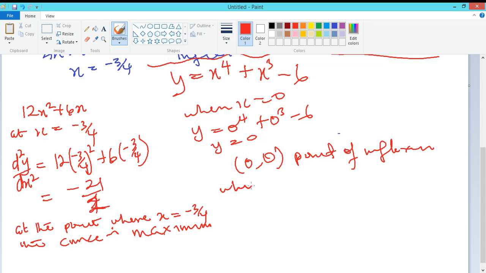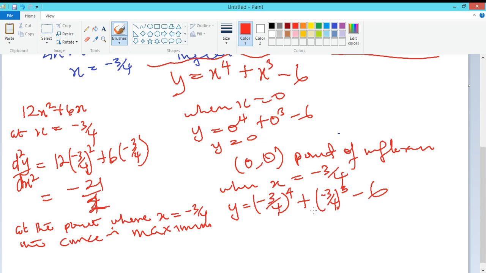Then when x is equal to minus 3 over 4, our y is equal to minus 3 over 4, raised to the power 4, plus minus 3 over 4 cubed, minus 6.